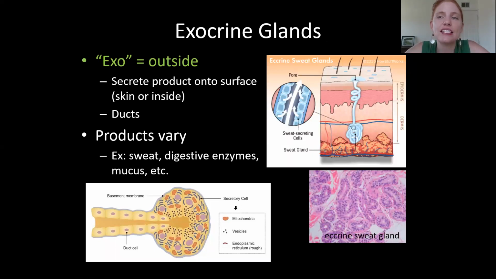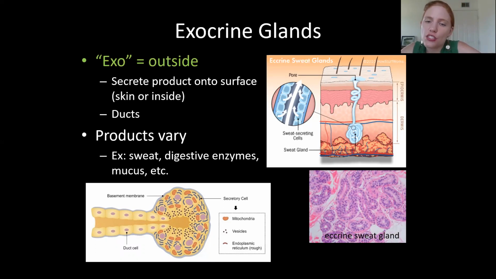Okay, the second type of gland is an exocrine gland, and they're called exocrine glands because they secrete some kind of product onto the surface of the body. And remember, it doesn't have to be an external surface. So for example, sweat. Sweat is secreted onto the external surface, but they can also be into the body. So for example, what I'm showing you right here, these are called acinar cells.